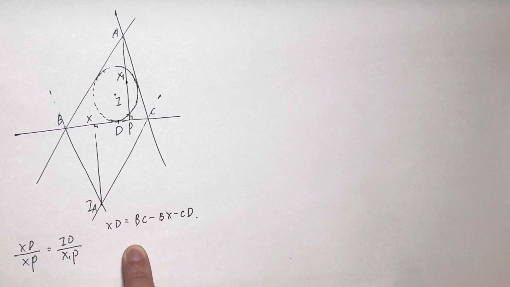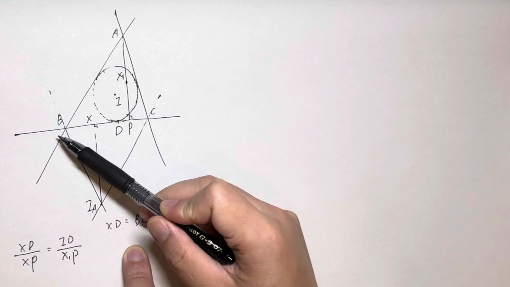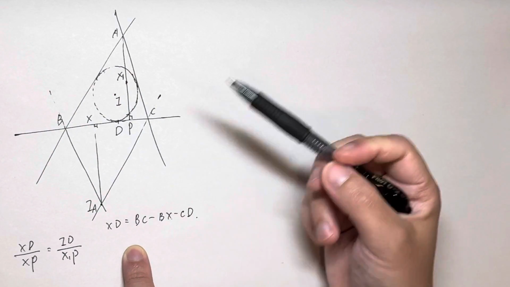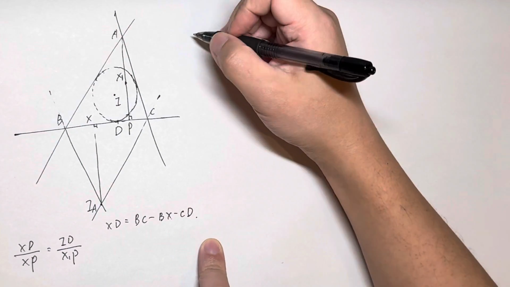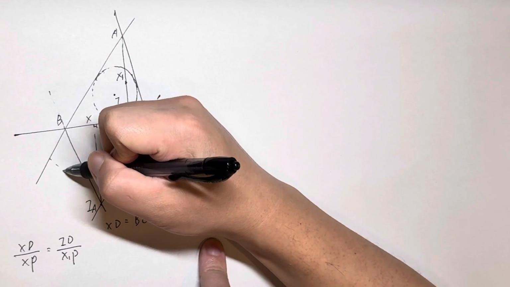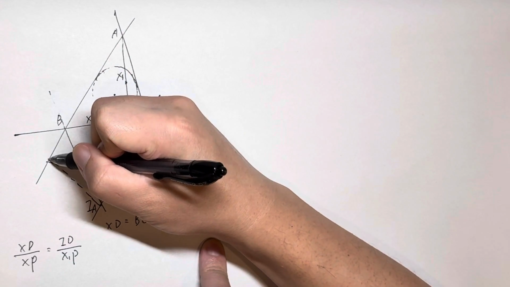If you remember what we did in the foundation of the Olympiad geometry, we proved that CD equals BX, but we can do it again here.